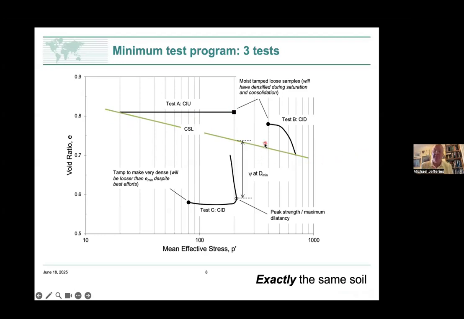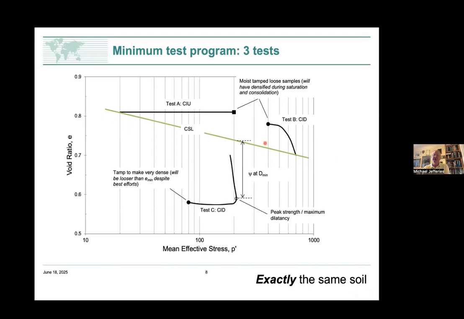Well, a problem with our laboratory equipment is most of it will not go to cell pressures much beyond 2 megapascals, if as much as 2 megapascals. So it became quite difficult to define the critical state locus for high stress states using undrained tests.